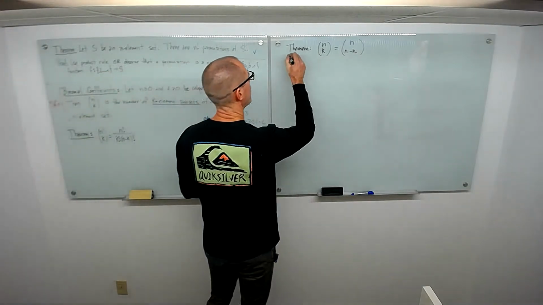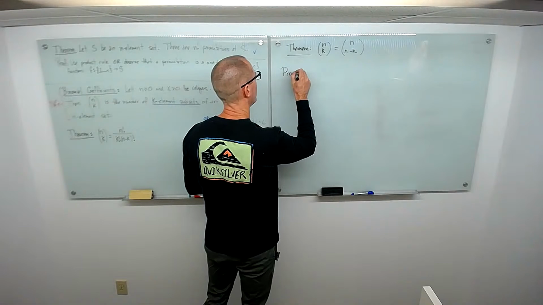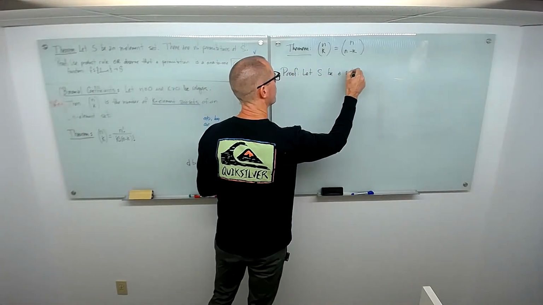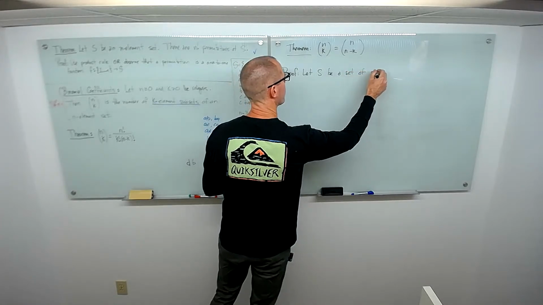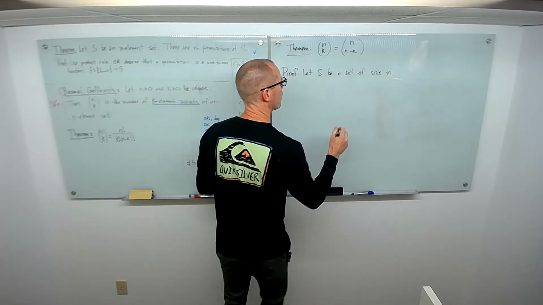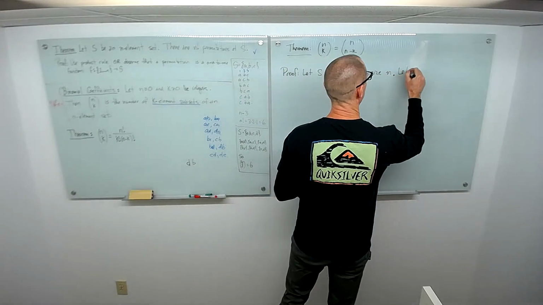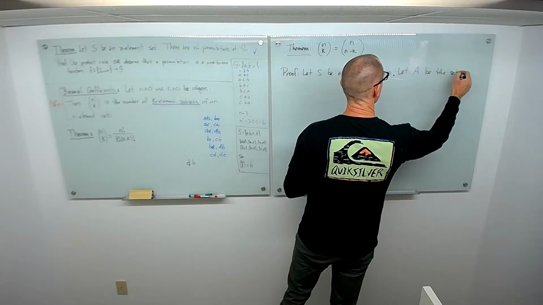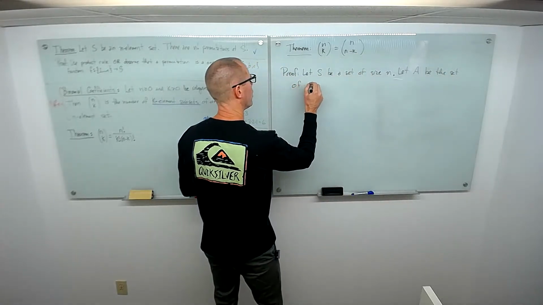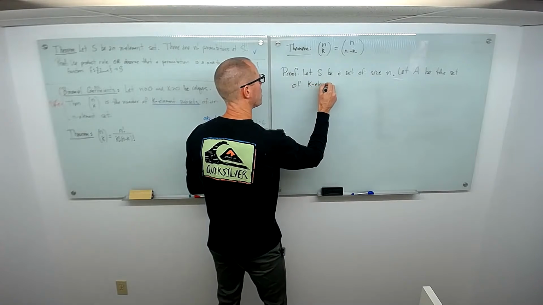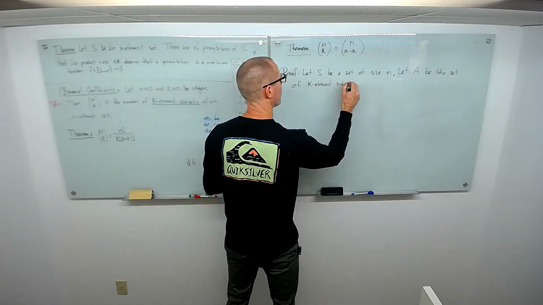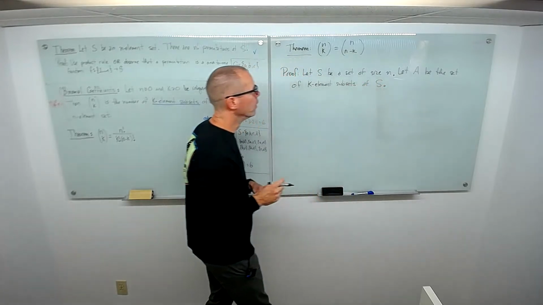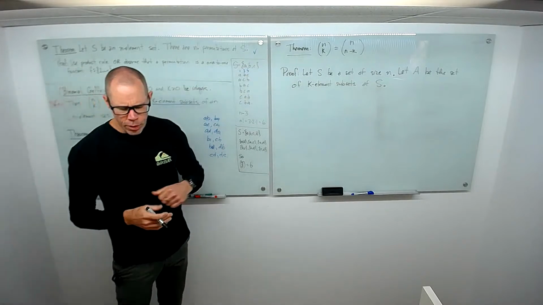So here's the proof. We let S be a set of size n, and we let A be the set of k-element subsets. This is a really easy combinatorial proof.